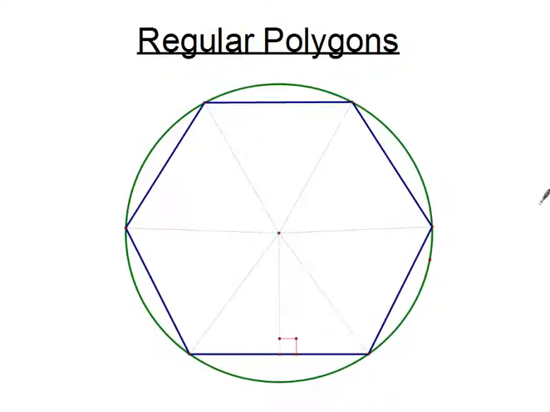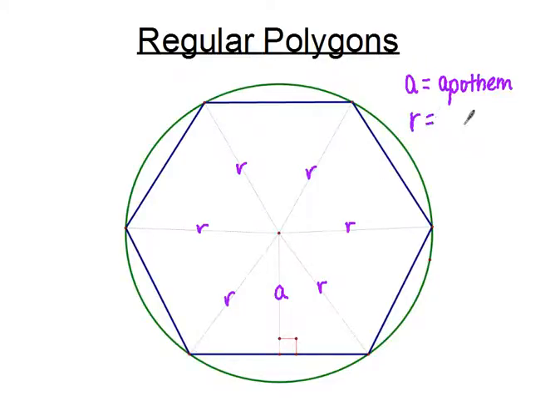Okay, so a picture of this. This hexagon that I drew has a circle that goes around it. Notice it touches all the vertices all the way around. This red line that goes straight down is called the apothem, and we'll mark it with an A. Usually we use A for apothem. Alright, and then all of these blue lines all the way around are radii, because they go from the center to the circle. But now we're going from the center to a vertex that is on the circle.